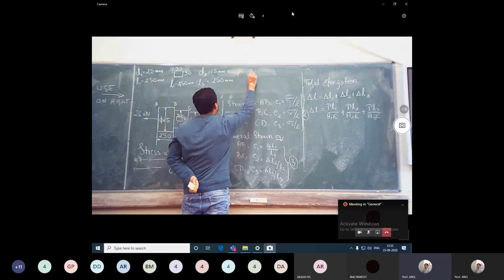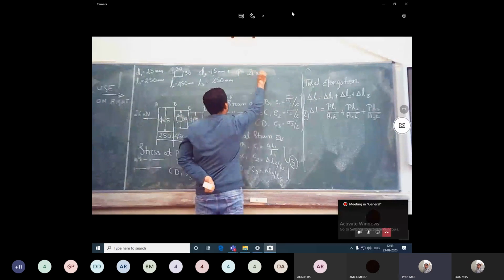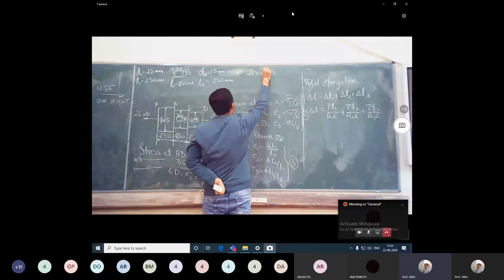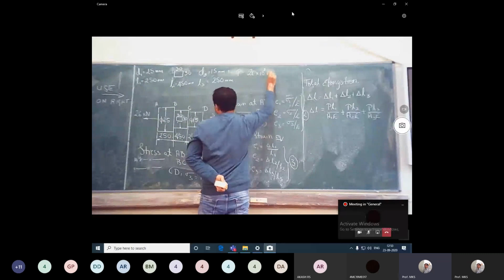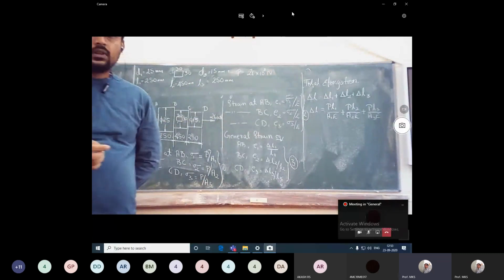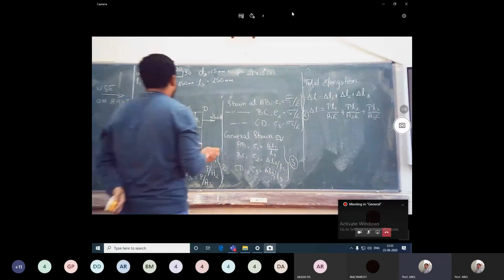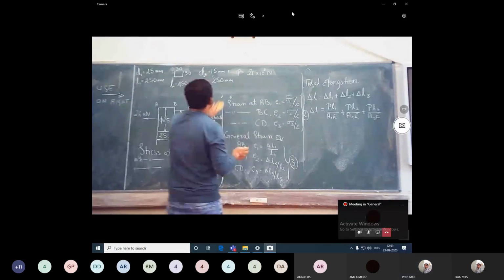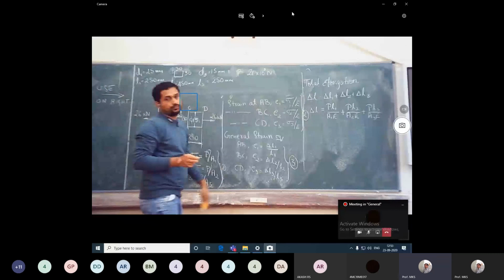P is 26 into 10 to the power of 3 newtons. So these are the given statements of the problem. This is the given load.